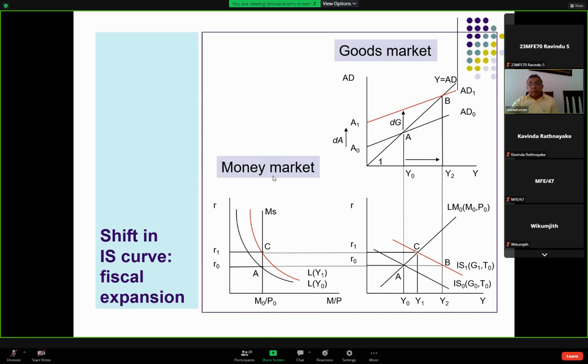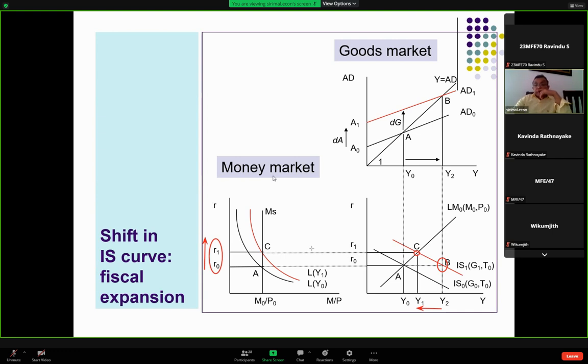Therefore, because of the increase in interest rate from R0 to R1, we have to move from point B to C. When the interest rate goes up, it has a negative impact on aggregate demand, so this portion of the output increase declines.